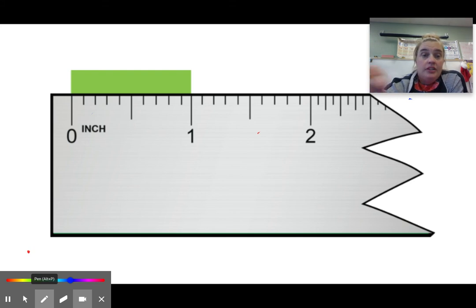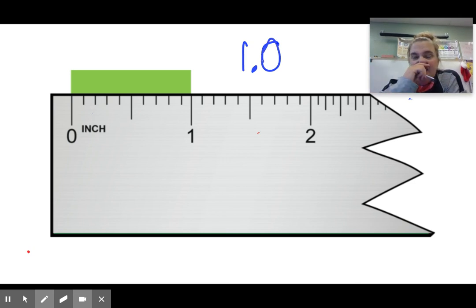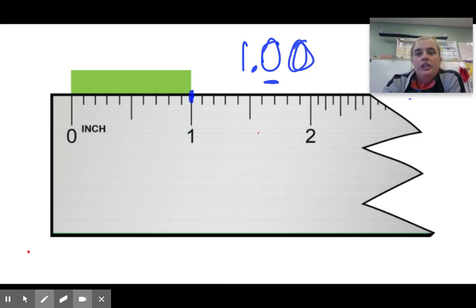We are absolutely certain that it's 1 point, and then the estimate, 0. Now, at 1.0, are we certain it's 1.0? Yes, we are certain it's 1.0, because it's right on this line. So now it's really 1.00 in that case.